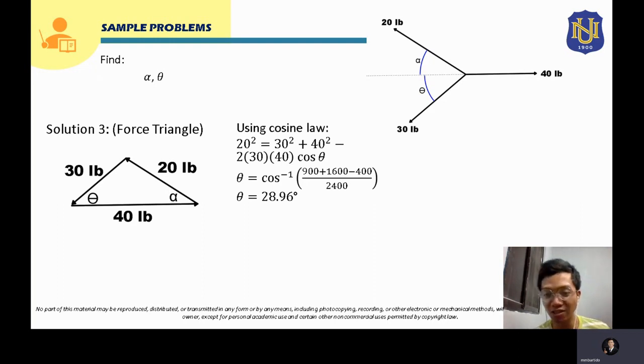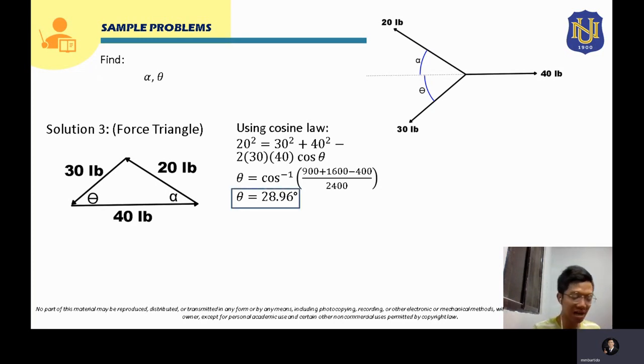As you can see, this is the appropriate solution for this problem. We can use solution 1, but there we have no choice but to use shift solve. But here in force triangle, using solution 3, our theta can be directly solved. So this will be the theta.